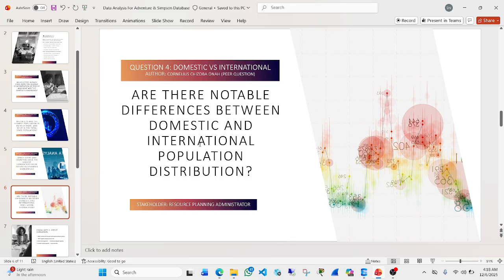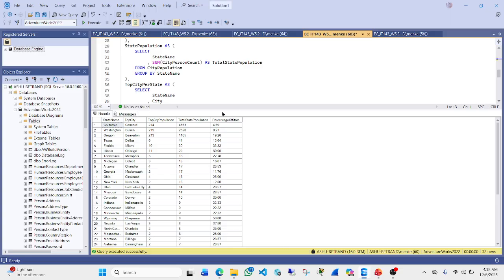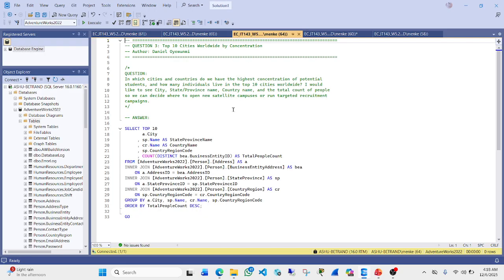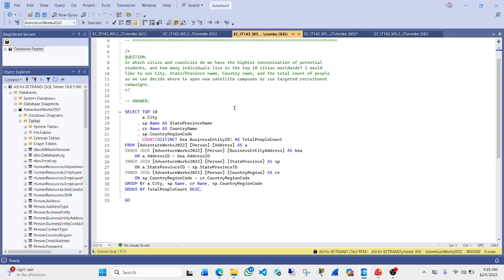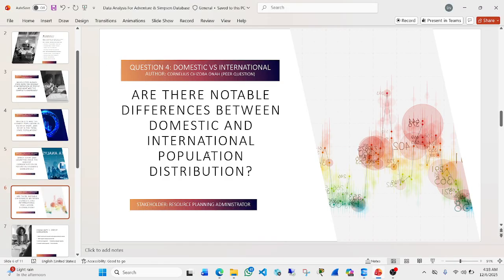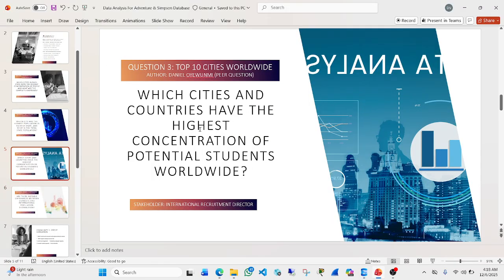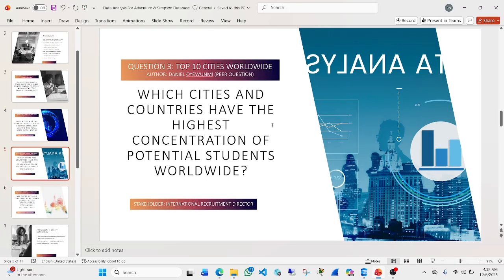The next question is asking, is there a difference in population distribution between the domestic and the foreign population? Are they distinguished? Seems we have jumped this question. Which cities have the highest concentration?